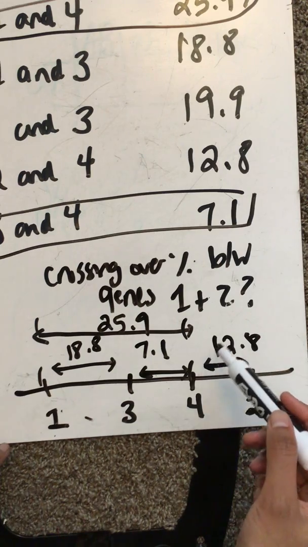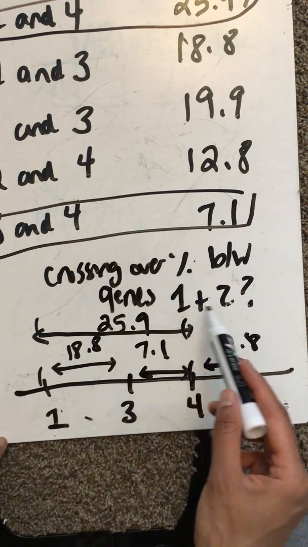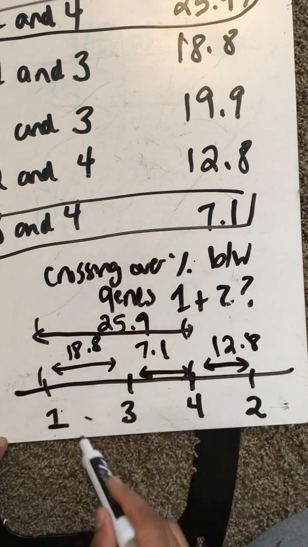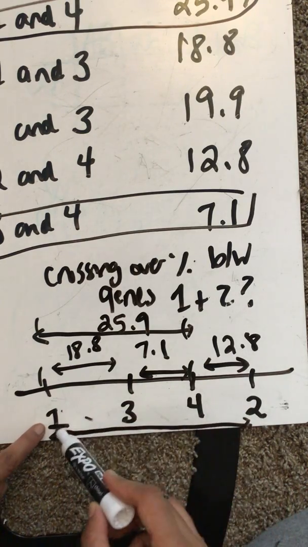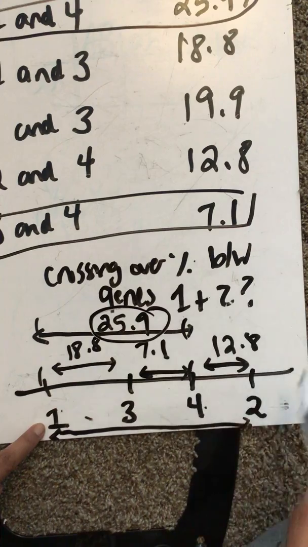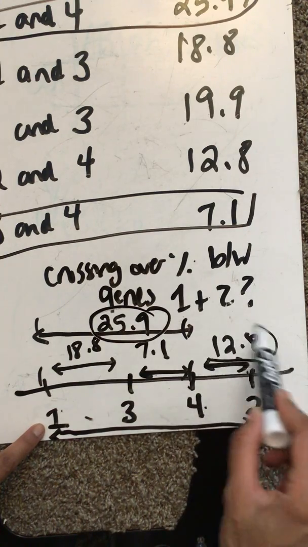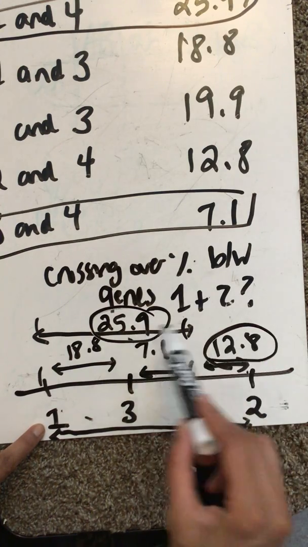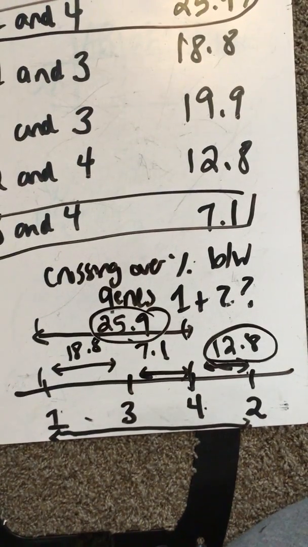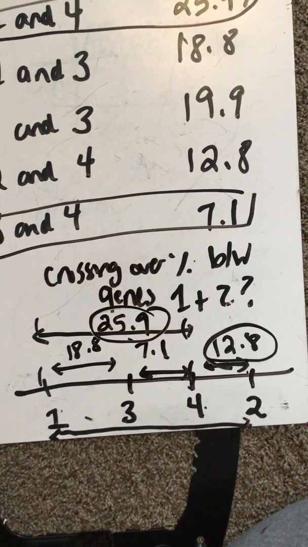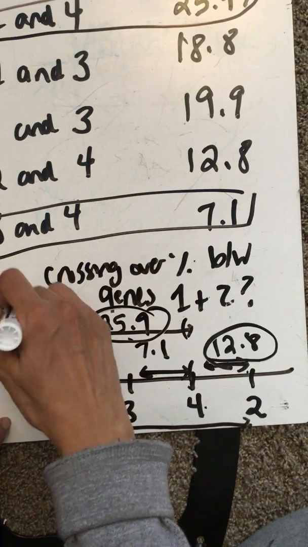So therefore, can we calculate the distance between 1 and 2? Between 1 and 4 is 25.9. Between 4 and 2 is 12.8. 25.9 plus 12.8 means that the total gene distance between the two is 38.7.